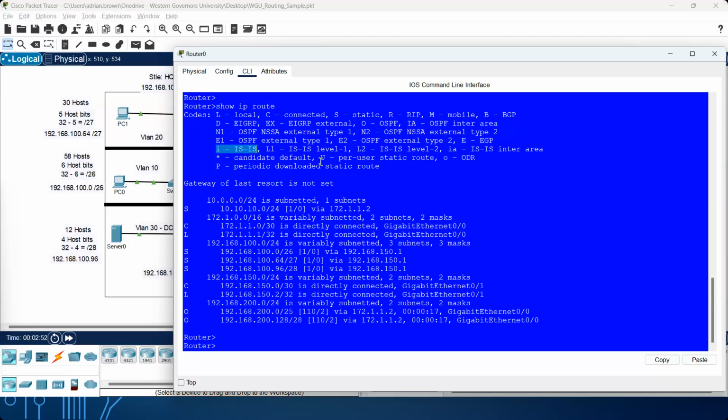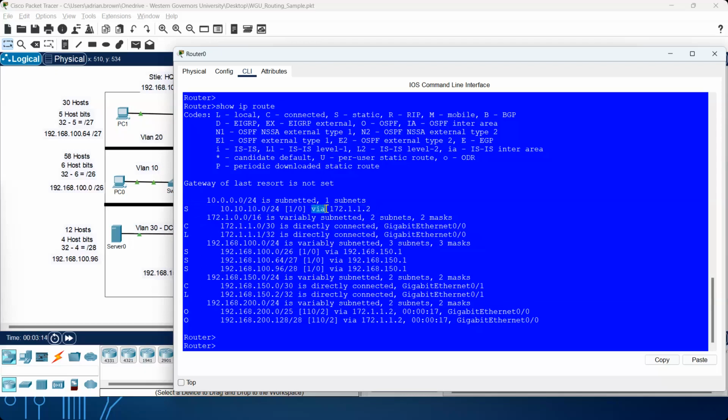So long story short, when we look at the routing table, I'm seeing the route information, and let's walk through this. It's telling me the destination network, that's usually what's on the left side, and then how I'm going to get there, via.